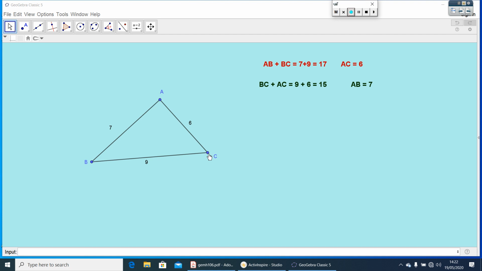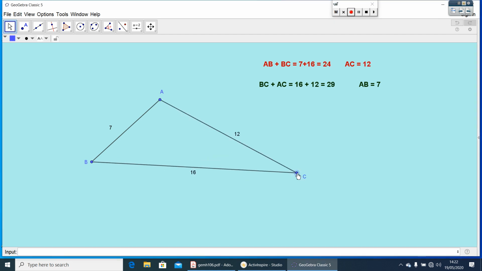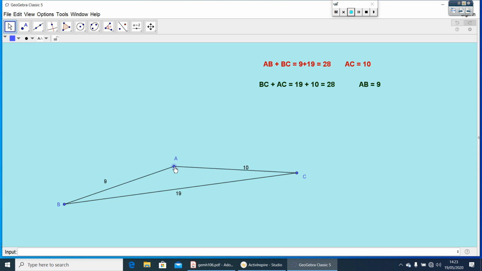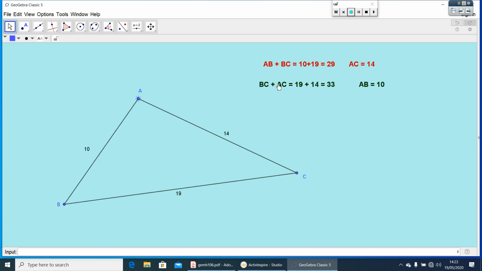Now let me change the size. In all the cases you can see BC plus AC greater than AB, AB plus BC greater than AC. Now what about AC plus AB? Is it greater than BC? Here AC plus AB is equal to 14 plus 10, 24, BC is equal to 19.